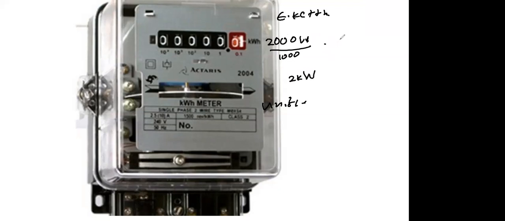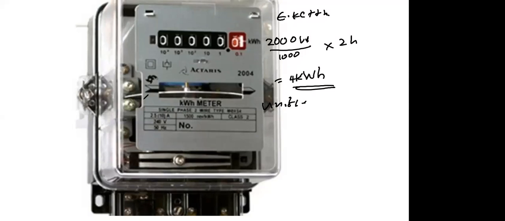Now multiplied by 2 hours. Then you get 4 kilowatt hours. That is this many units. If 1 unit costs 10 rupees, then you have to pay 40 rupees.